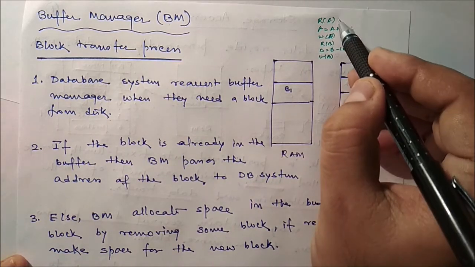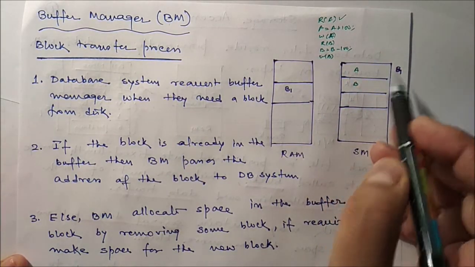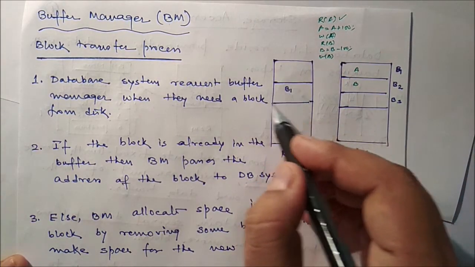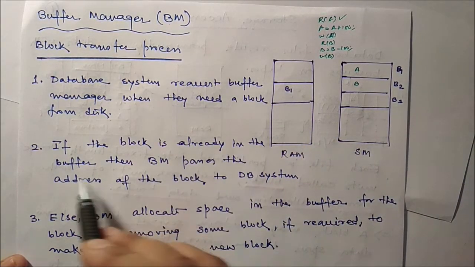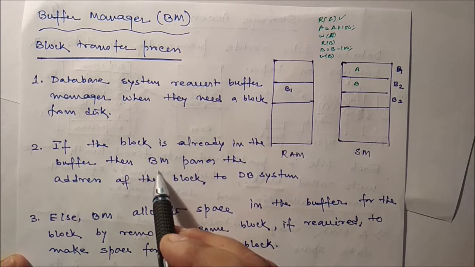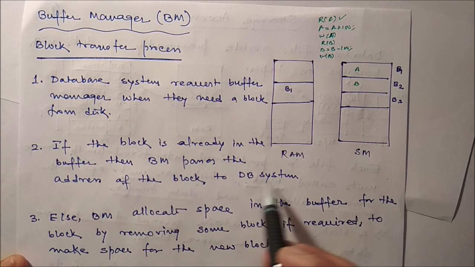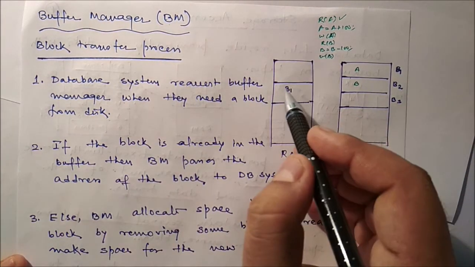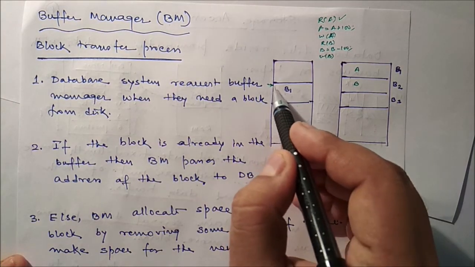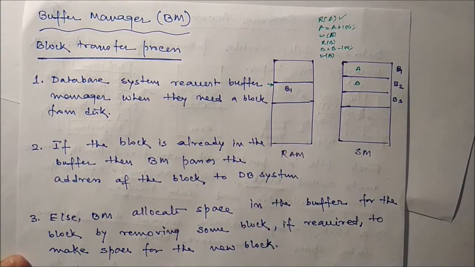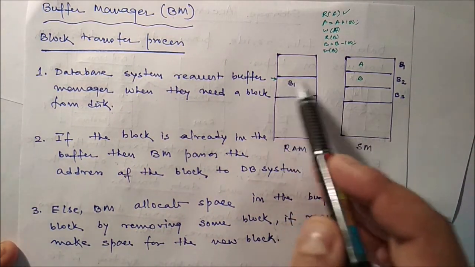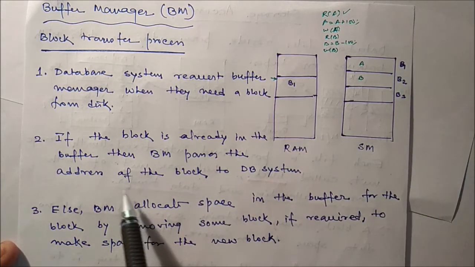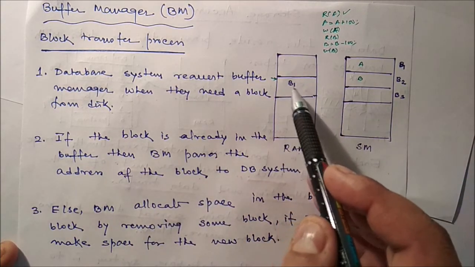So suppose it needs A, and B1 is already present in the buffer in RAM. If the block is already in the buffer, then the buffer manager passes the address of the block to the database system.